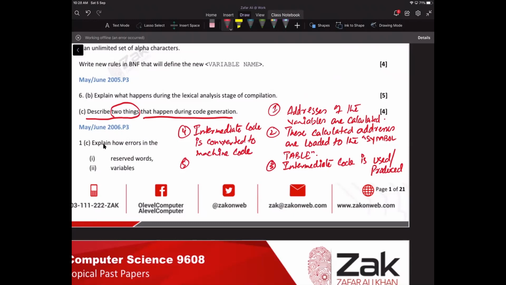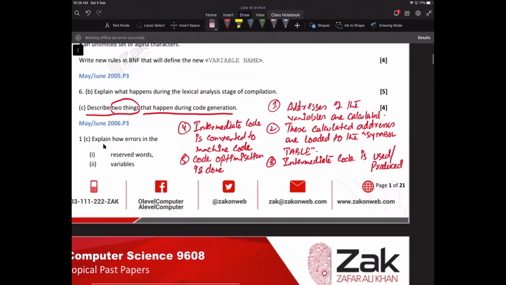So the code optimization is part of the code generation. Code optimization is done. That's about it.